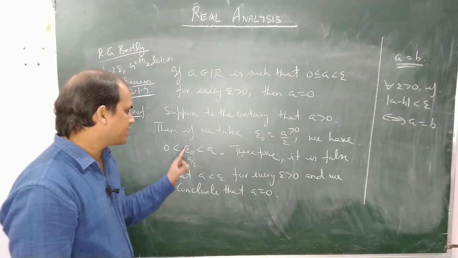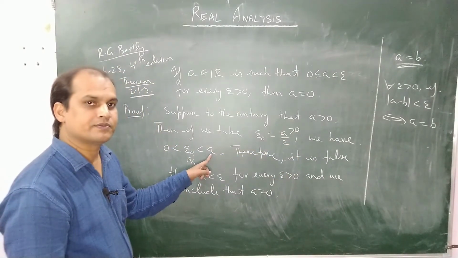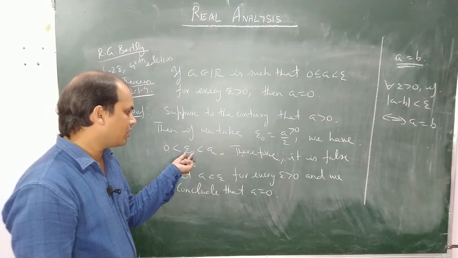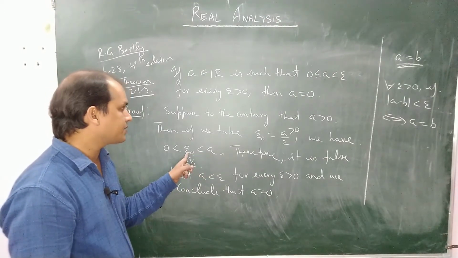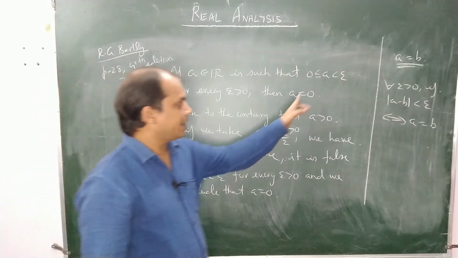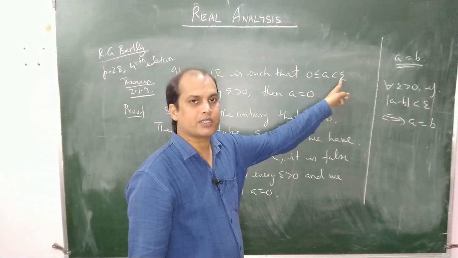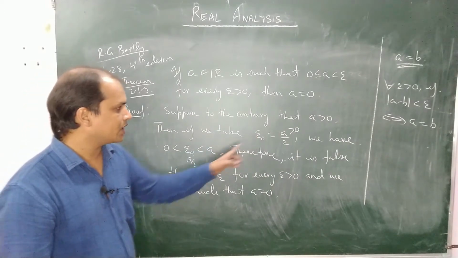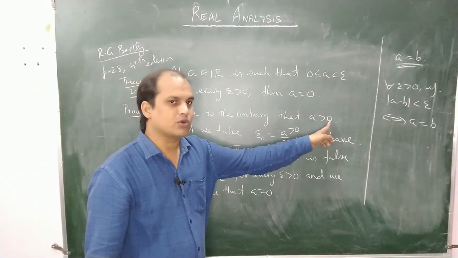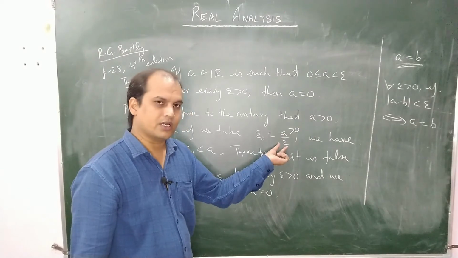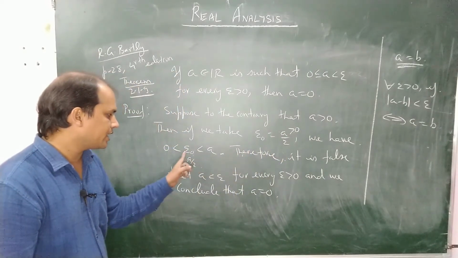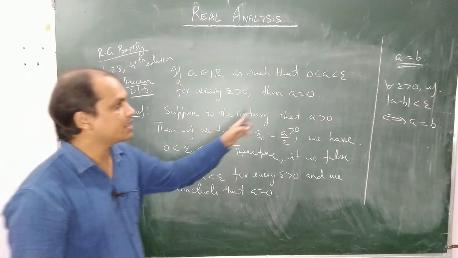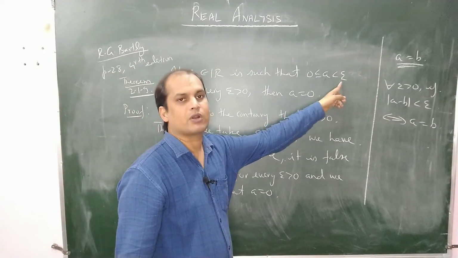Obviously a by 2 will be less than a, and this is our epsilon naught. So here a is greater than epsilon naught, but we have assumed that a should be less than every epsilon greater than 0. So under this construction, whenever a is greater than 0, one can always do this construction, and from here we have that a is greater than epsilon naught, whereas we have assumed that a should always be less than every epsilon greater than 0.